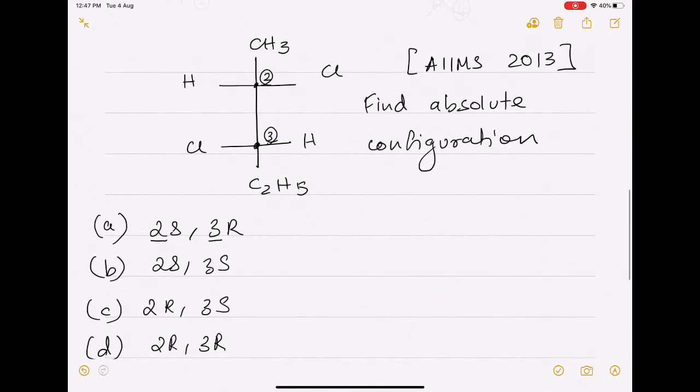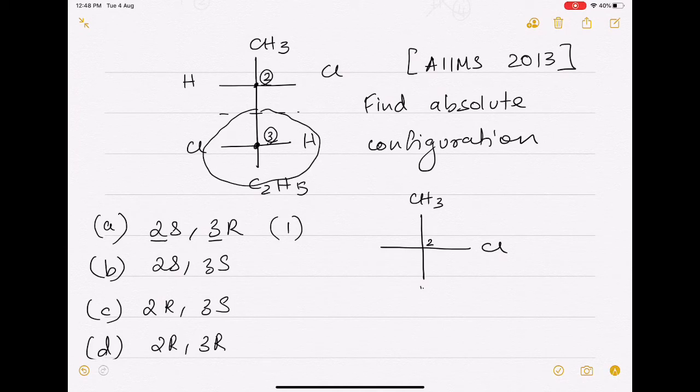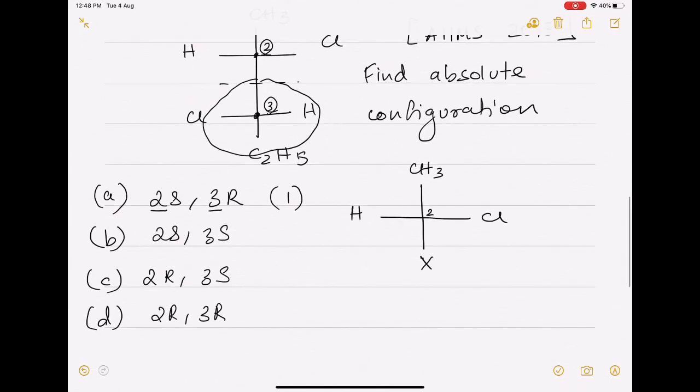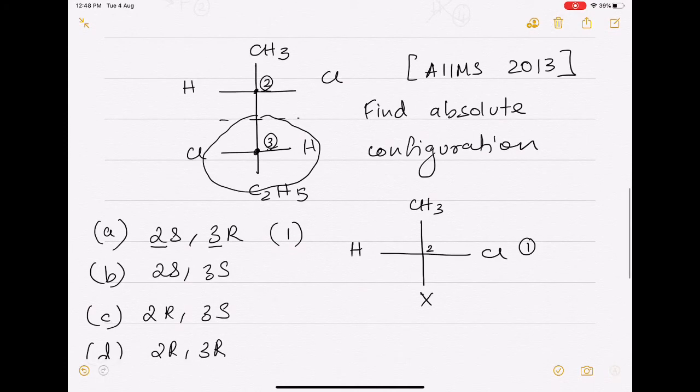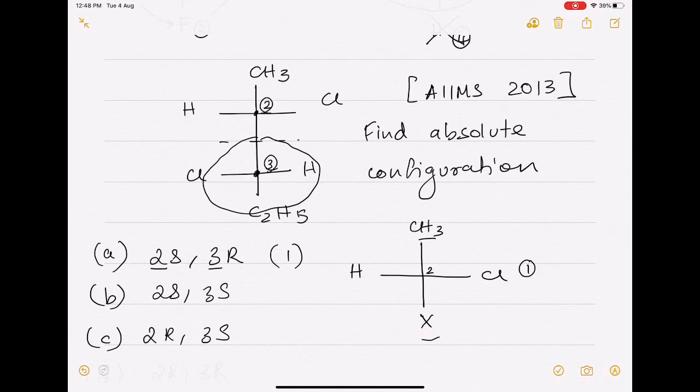For this, we would need to break this into two different compounds. If this is the second carbon, this will be the first compound I'm breaking it into. So this will be CH3, Cl, and this will be this, and the bottom group will be this group. Let me take that as X because it's too much to write, and this is hydrogen. Obviously chlorine will be the first priority, and for the second priority we have to choose between CH3 and X. Now let's see this third carbon.